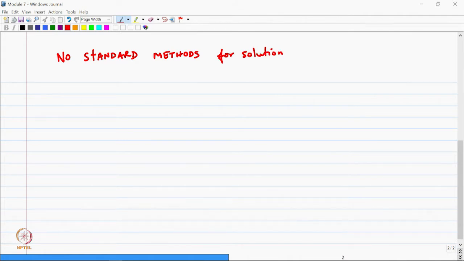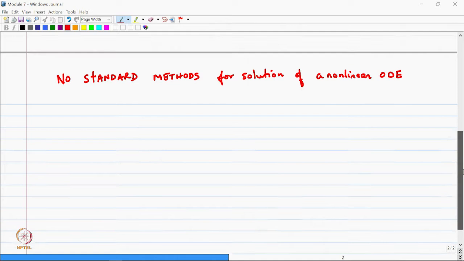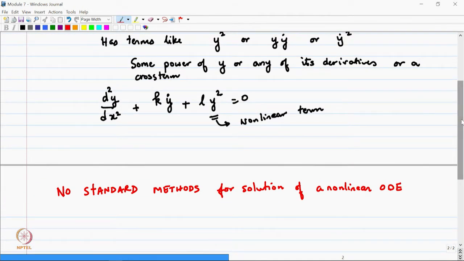For the solution of a nonlinear ODE, if you have a linear ODE, then if nothing else, you can use the power series method, but such things cannot be done for nonlinear ODEs.